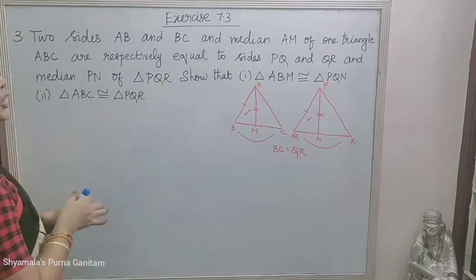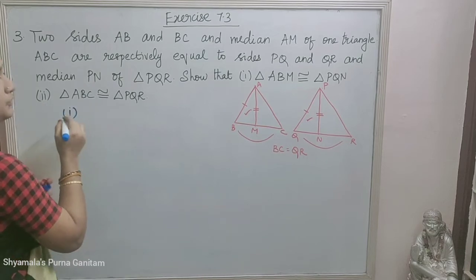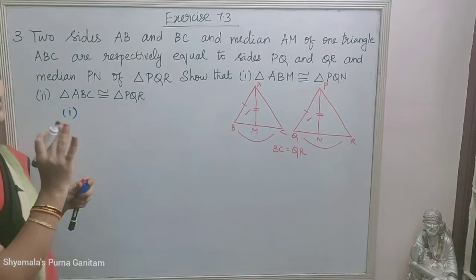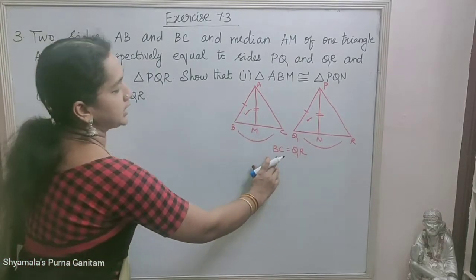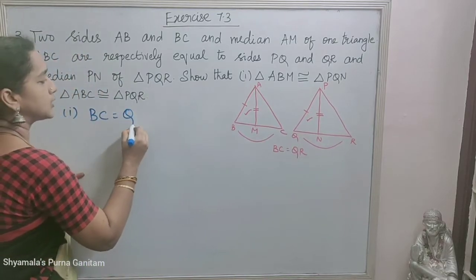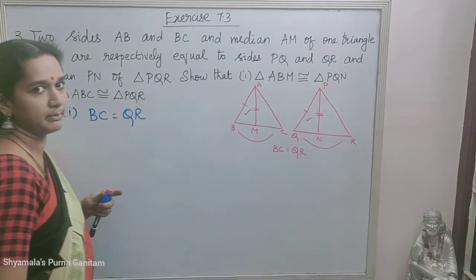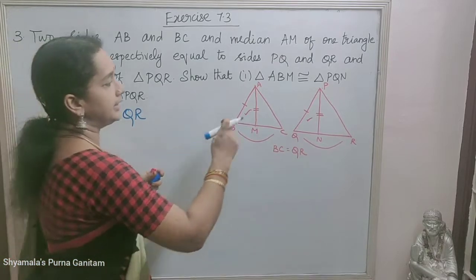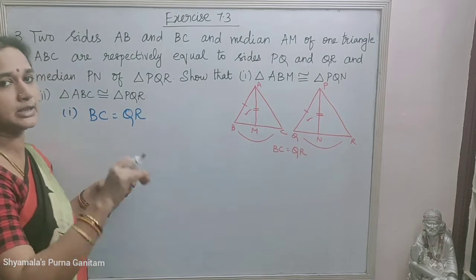Okay, so for the first proof, ABM and PQN. Before proving that congruency part, in the question it is given BC is equal to QR. So BC is equal to QR, that is this full length is equal to this full length. Then AM and PN are the medians of the triangle.